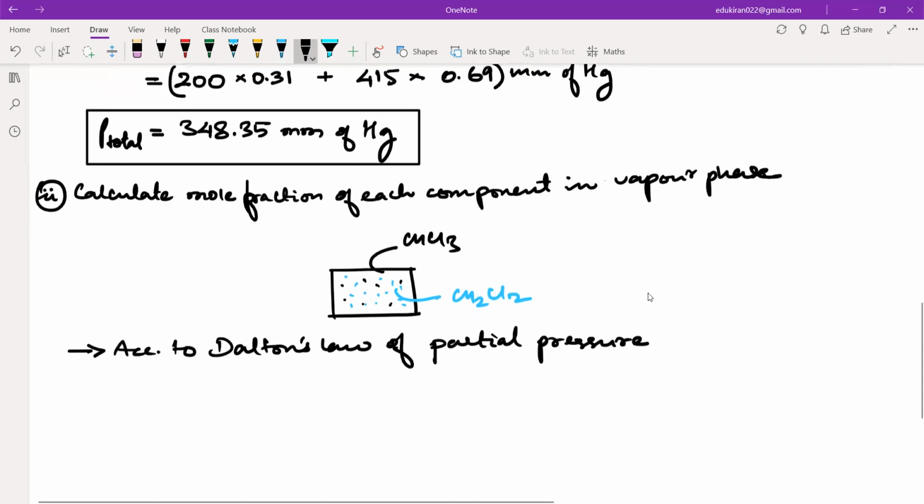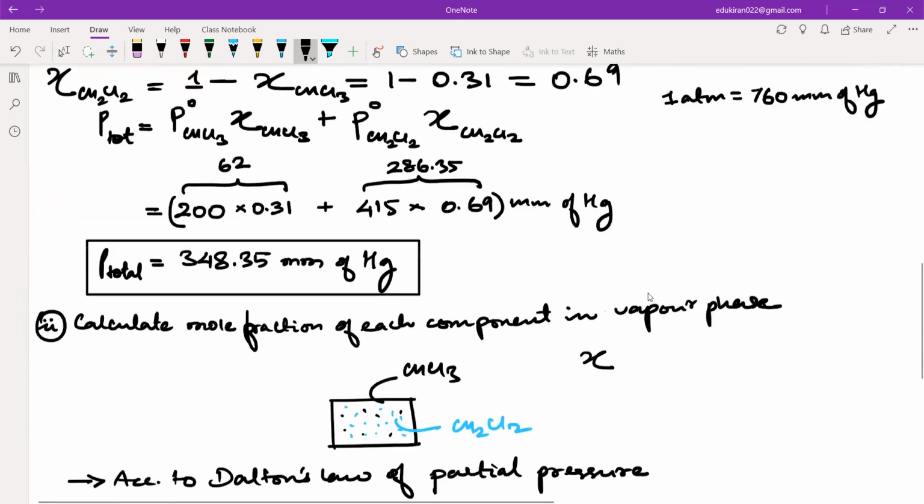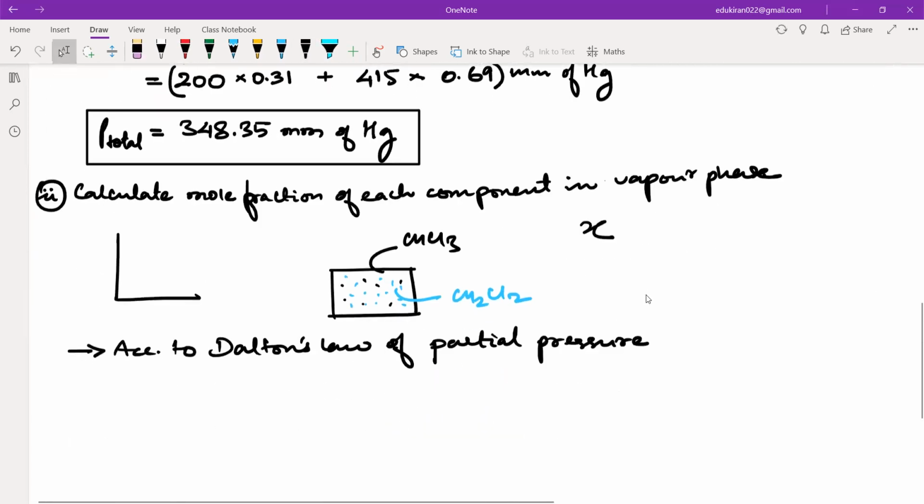Generally we write mole fraction in terms of chi, but earlier we have already used it for the solution. You should know there are two phases. You have a phase of solution and a phase of vapor.